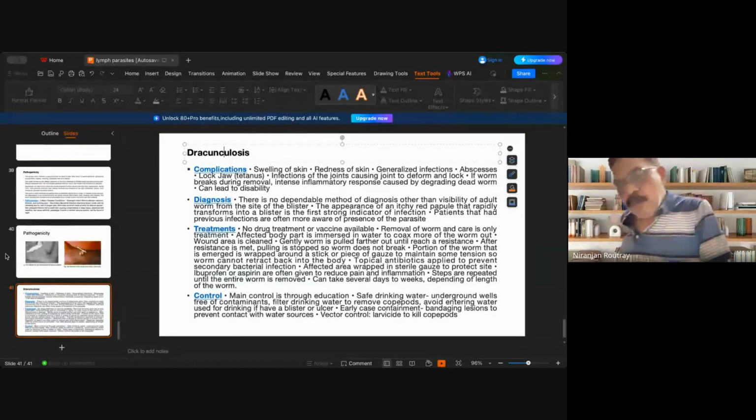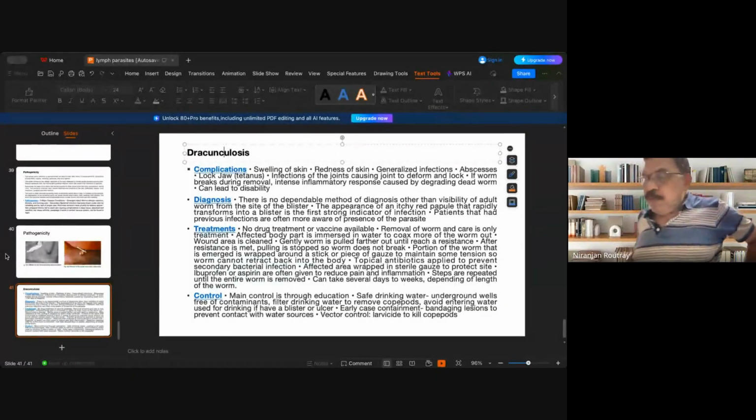Ticks get attached to the skin of the carriers and cause many deleterious effects on the host. Mainly on the skin: dermatitis, hair fall, inflammation of the skin, and excessive blood loss if they remain attached.